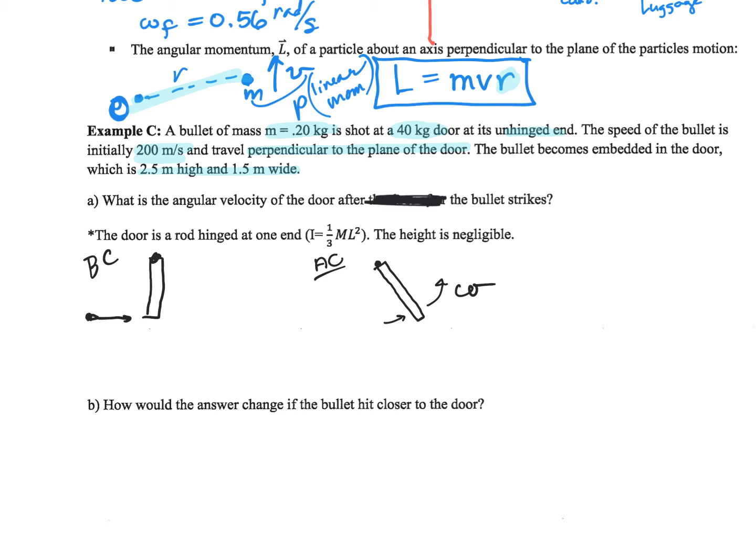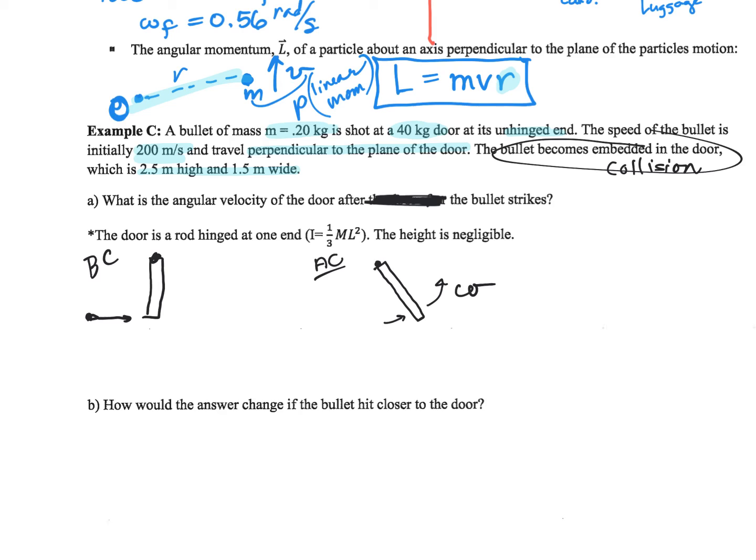All right. We know they have told us collision. How have they told us collision? The bullet becomes embedded in the door. This tells me collision. We know something is swinging, don't we?